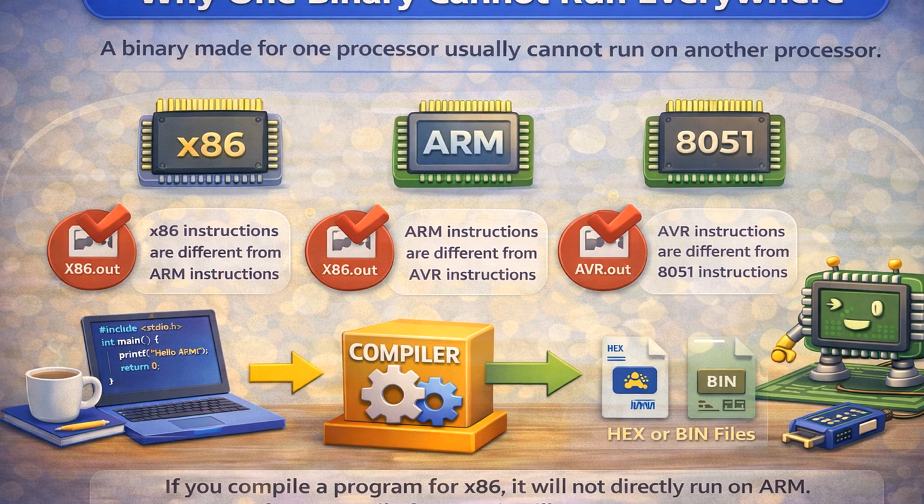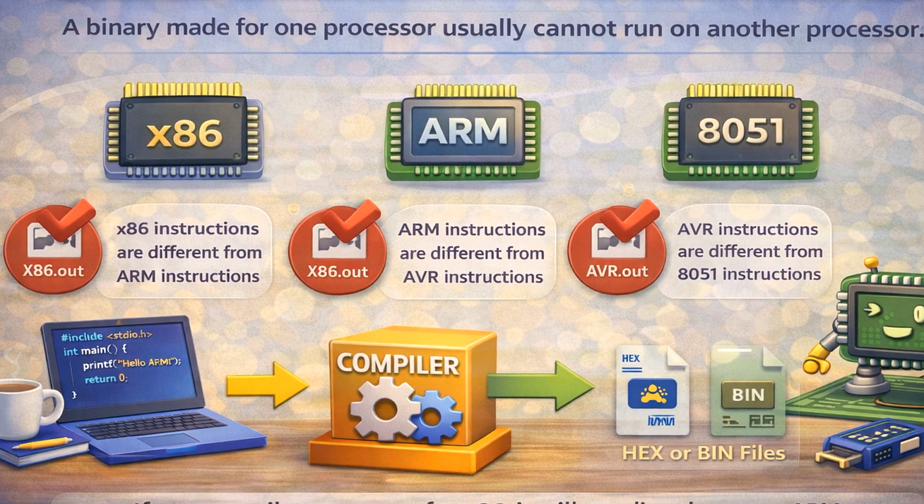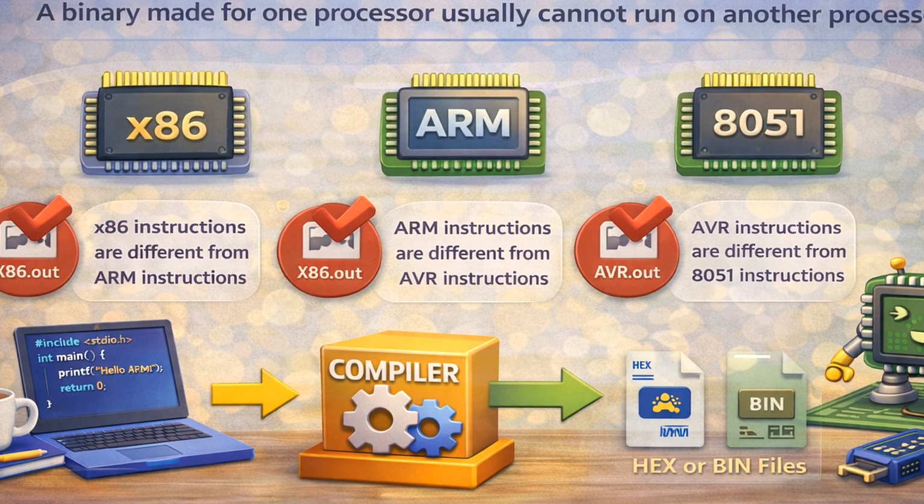Here another important topic is why one binary cannot run everywhere. A binary made for one processor usually cannot run on another processor. Why? Because processors have different instruction sets. For example, x86 instructions are different from ARM instructions. ARM instructions are different from AVR instructions.